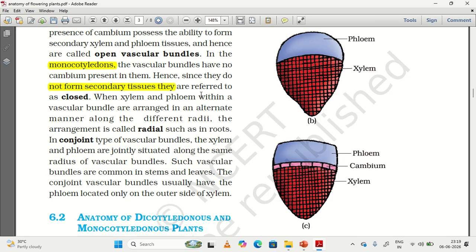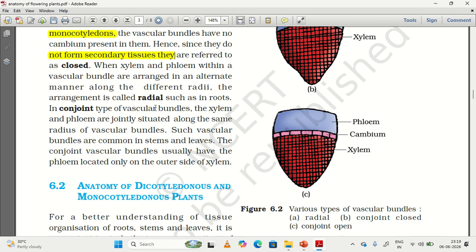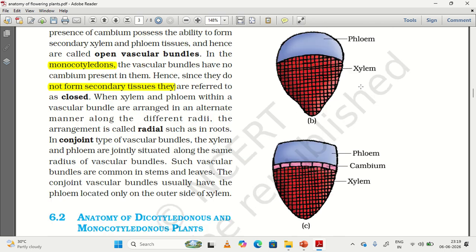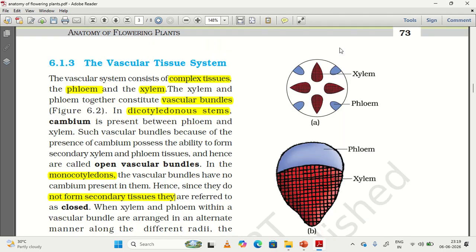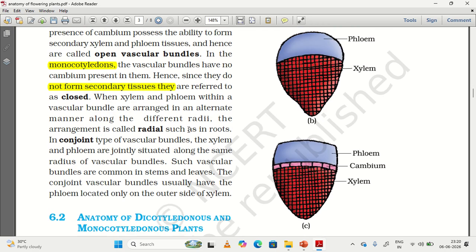When xylem and phloem within a vascular bundle are arranged in an alternate manner on different radii, such an arrangement is called radial arrangement. The xylem is arranged on one radius and the phloem on another radius. This kind of arrangement is called radial arrangement, and it can be seen in roots.